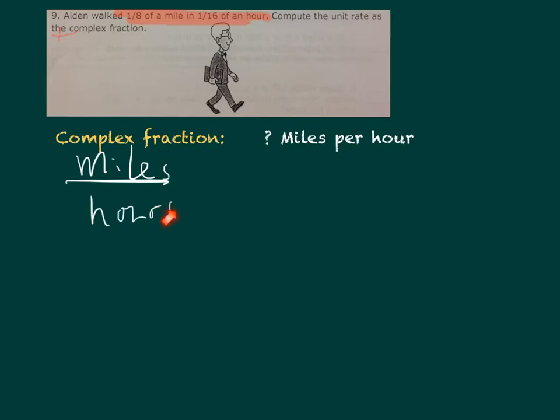With that, it's very easy to set up this complex fraction. When you look at the question, the number for miles is 1/8 of a mile, and for hours it is 1/16 of an hour. So when you set up the complex fraction, it is 1/8 over 1/16.